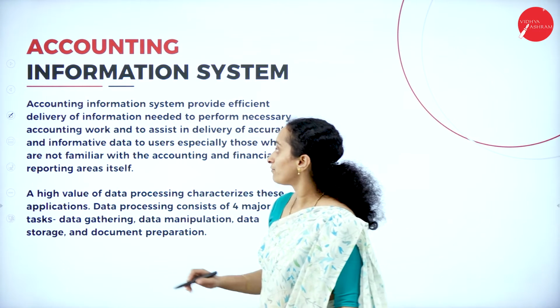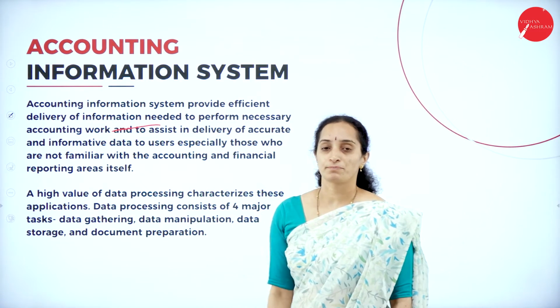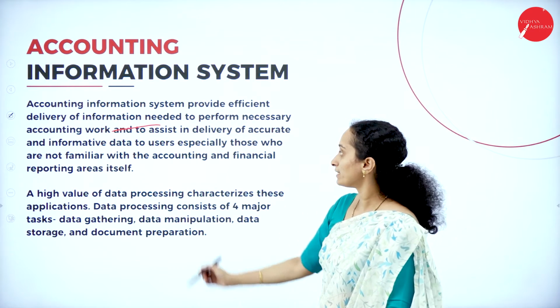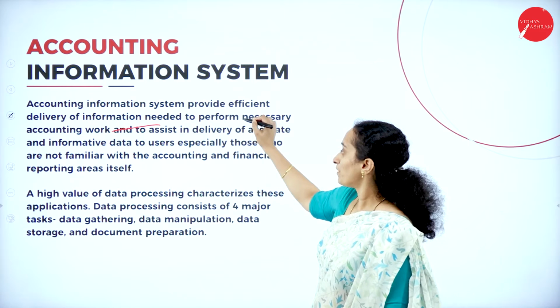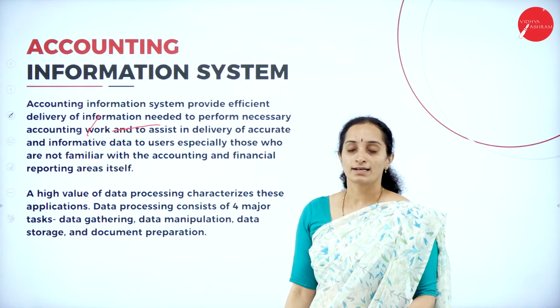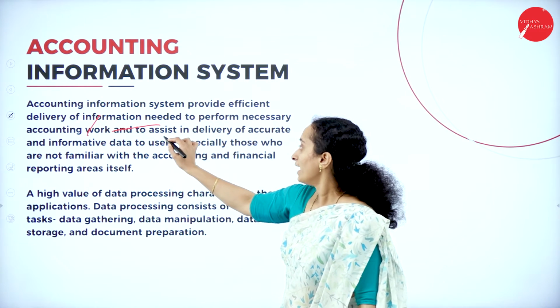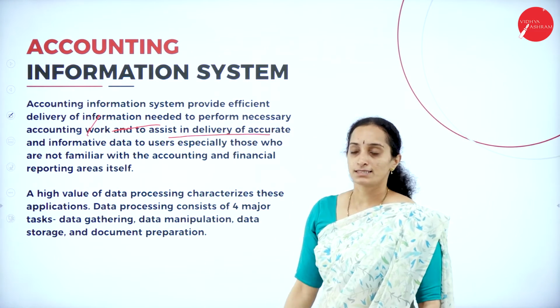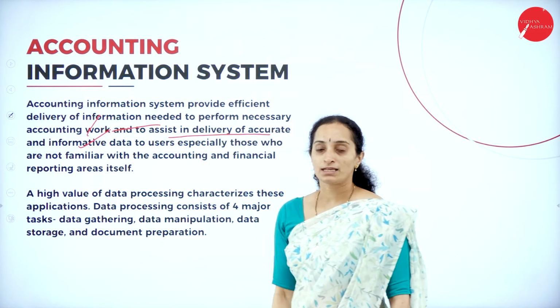So the accounting information system provides efficient delivery of information. What kind of information do they need? The information needed to perform necessary accounting work. Accounting related work will be assisted by the accounting IS, and it also assists in delivery of accurate and informative data.